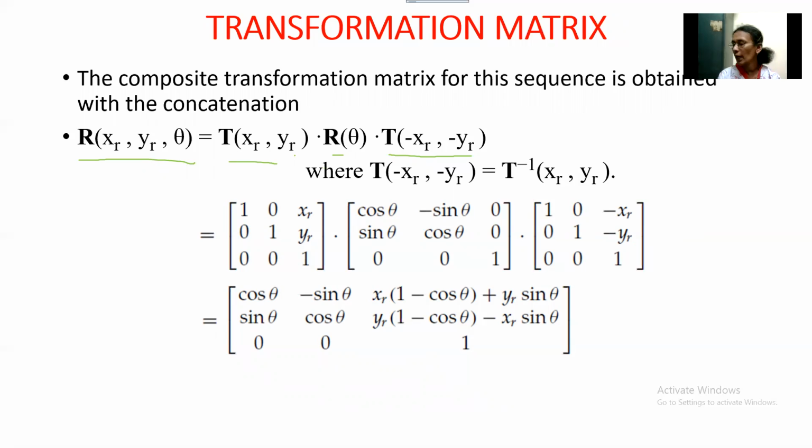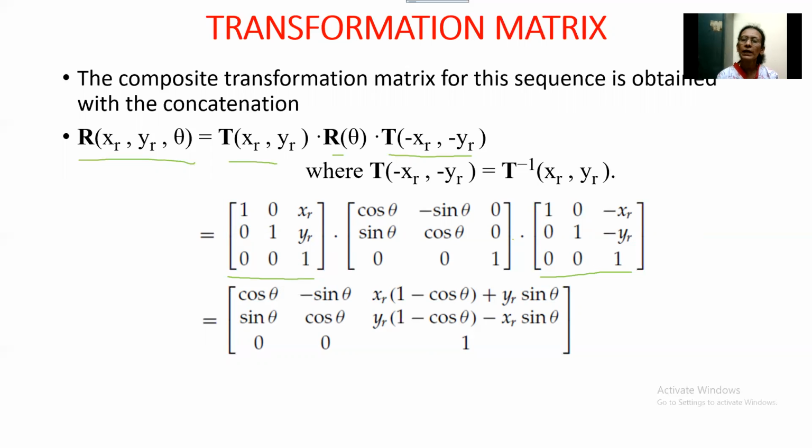Translation xr yr is given by 1 0 xr, 0 1 yr, 0 0 1. R theta is given by cos theta minus sin theta 0, sin theta cos theta 0, 0 0 1. And translation by minus xr minus yr is given by 1 0 minus xr, 0 1 minus yr, 0 0 1.